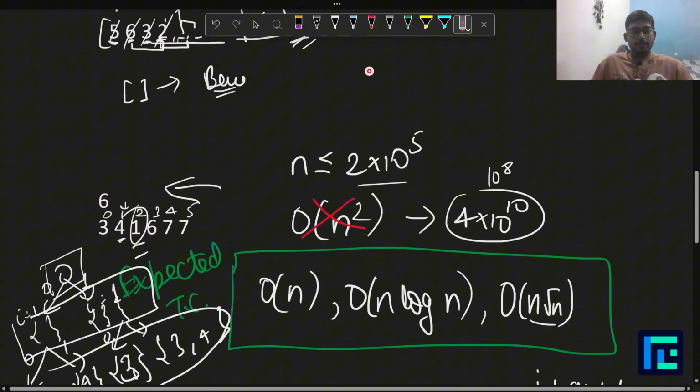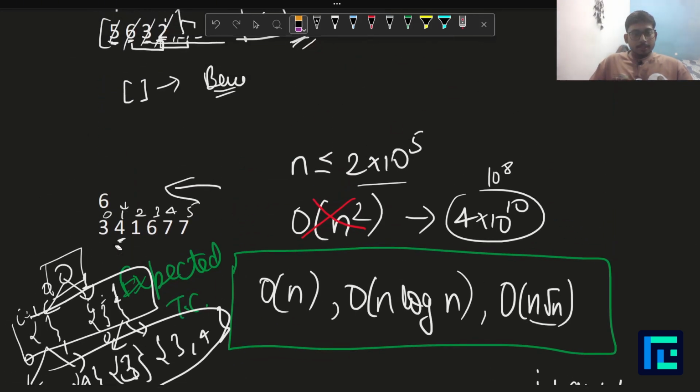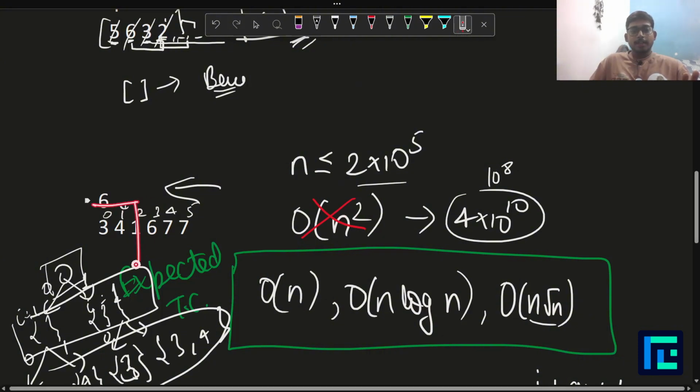Let's say in the usual way, you take dp[i] as this subarray. Then if you have to write the transition for this dp[i], you would have to write it on the basis of something to the left of i. So if you are taking this one or not, how would you write the transition?